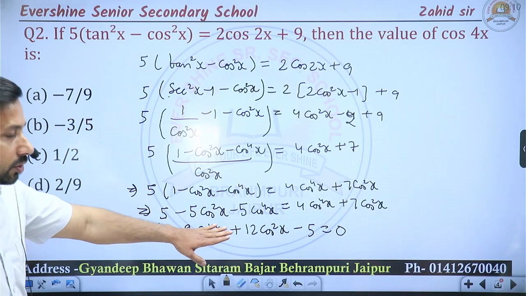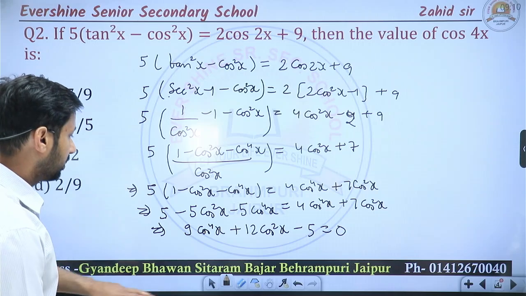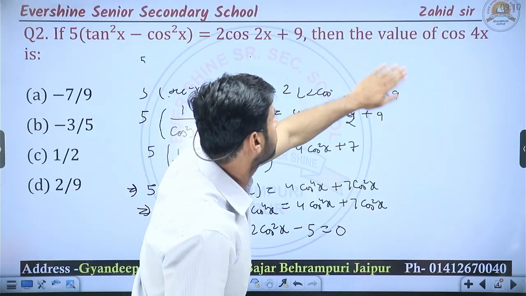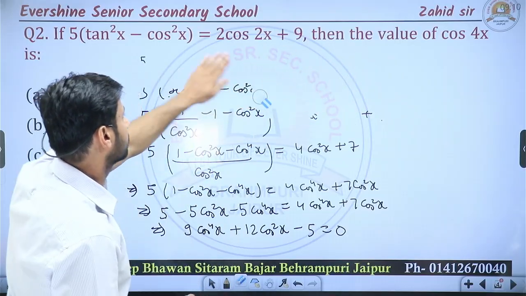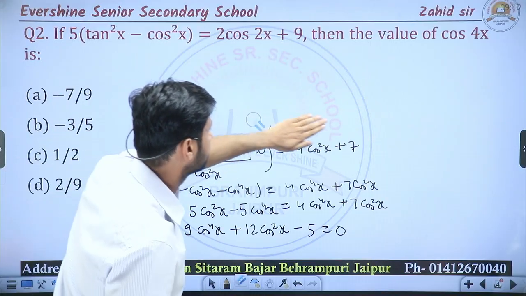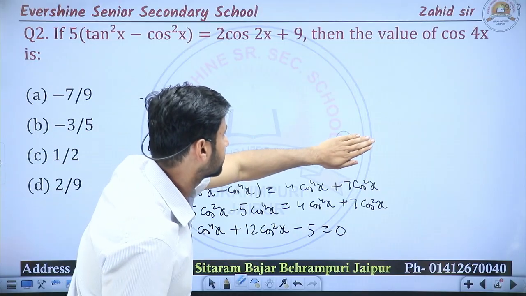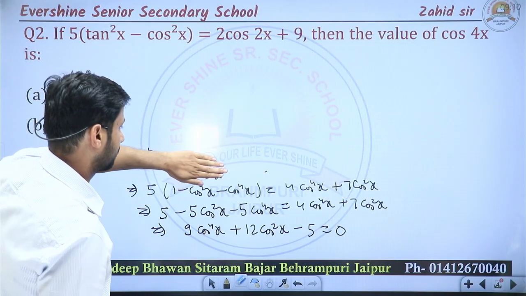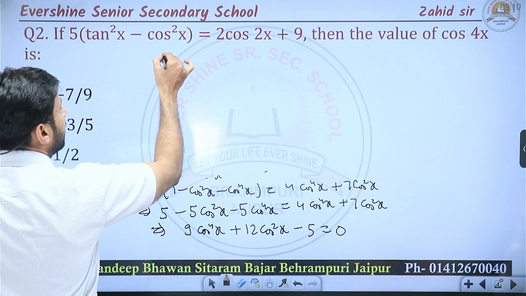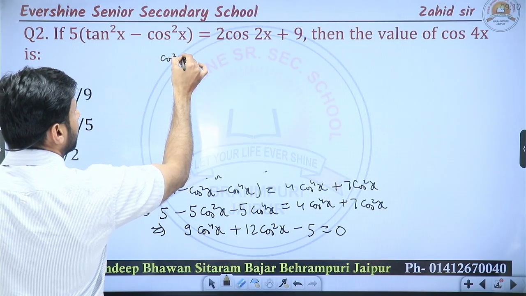Now here I can take cos square x equals to t. I'm just going to put cos square x equal to t.